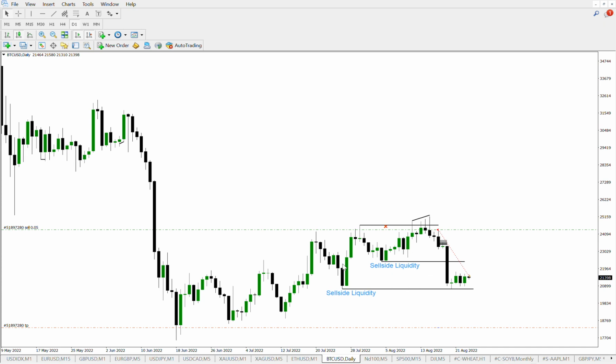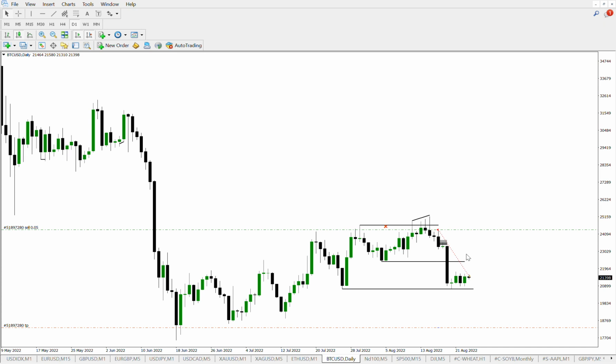As you guys can see, we are stacking equal lows again. Price came down. We did not take out this low. We'll check just to make sure. 20,701. 20,740. Yeah, so this didn't take out this low here. So we primed equal lows again.